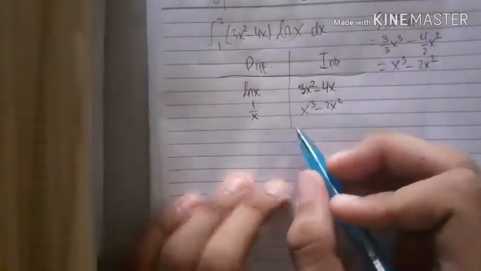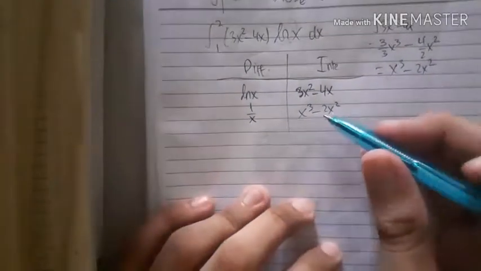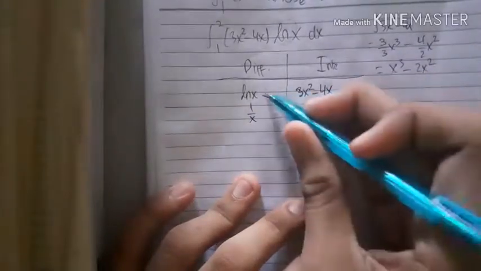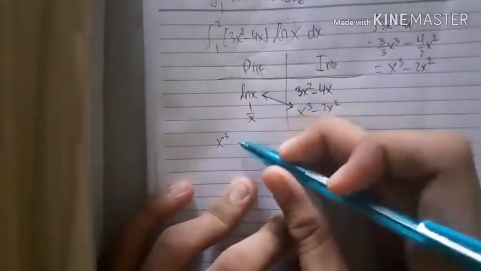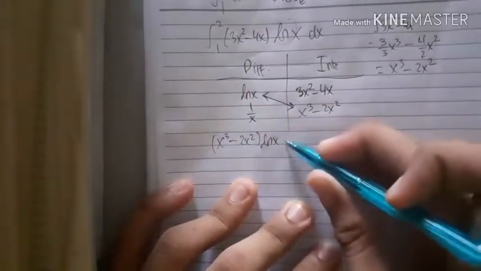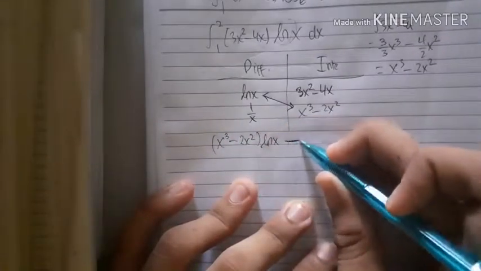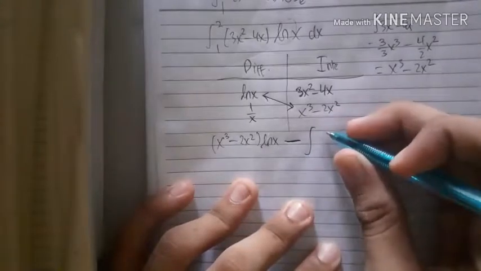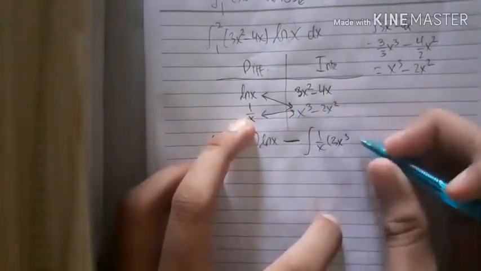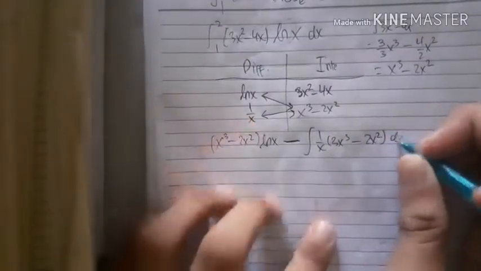Now, how to find the solution here? The way you do it is you multiply this, x cubed minus 2x squared, by ln x, and you minus the integral of 1 over x times x cubed minus 2x squared.